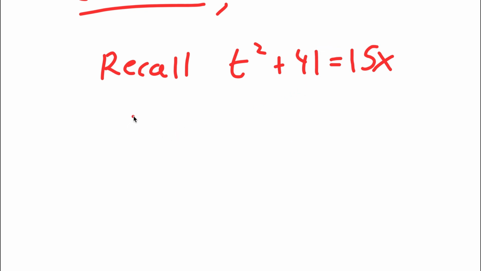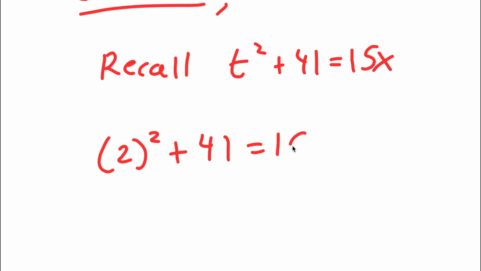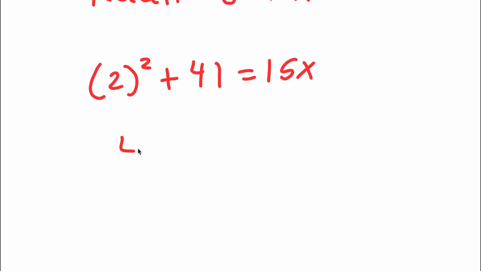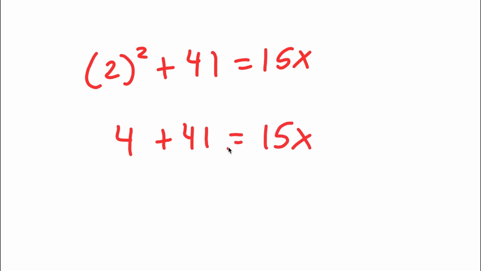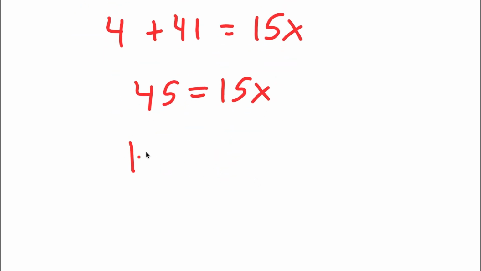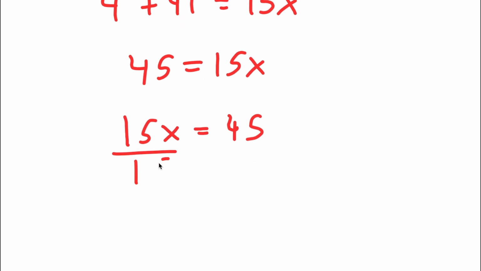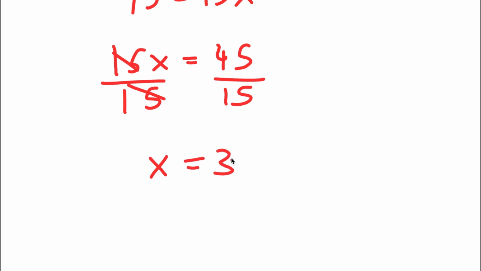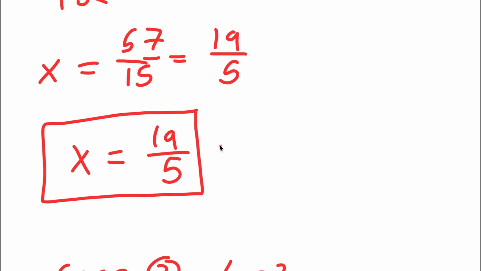So now I have 2 squared plus 41 is equal to 15x, meaning 4 plus 41 is equal to 15x, and 45 is equal to 15x. By rearranging this, I have 15x is equal to 45, and if I divide both sides by 15, I get x is equal to 3. So I have two solutions of x.